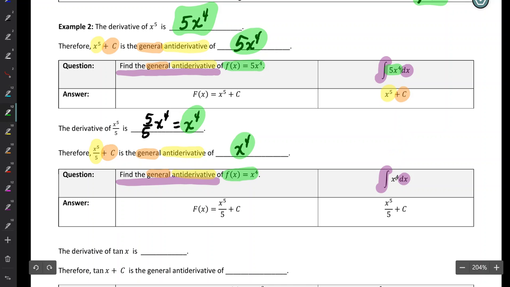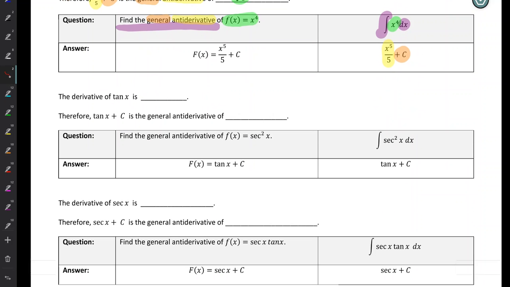The derivative of what function is x to the 4th. Well, you do your work working backwards and you say the derivative of x to the 5th divided by 5 plus any constant will be x to the 4th. The derivative of yellow plus orange is green plus 0, which is just green.